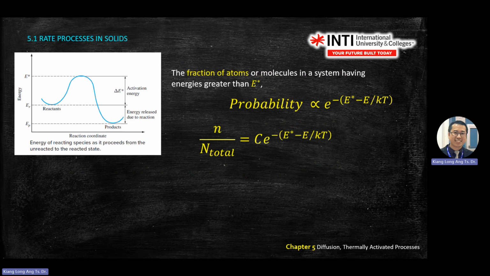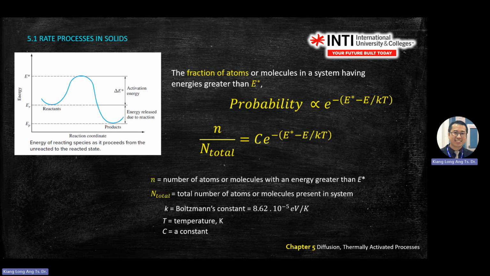So the fraction of atoms or molecules in the system having the E star, or activation energy, is given by this equation: n divided by N total. Small n is the number of atoms or molecules with energy greater than E star. Capital N total is the total number of atoms or molecules present in the system.